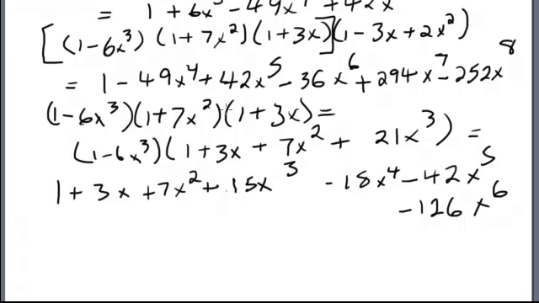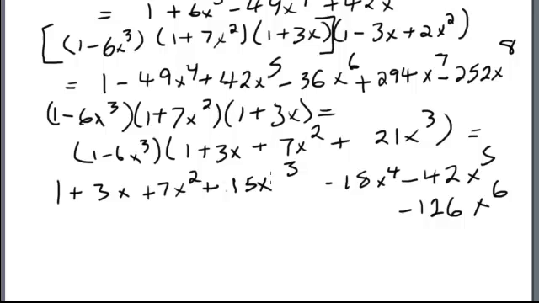Now if we look over here, the next product we're going to do to eliminate this term is to multiply by 1 plus 49x to the fourth. When I multiply this term right here times 1 plus 49x to the fourth, that product will not touch this, it will not touch this, it will not touch this.